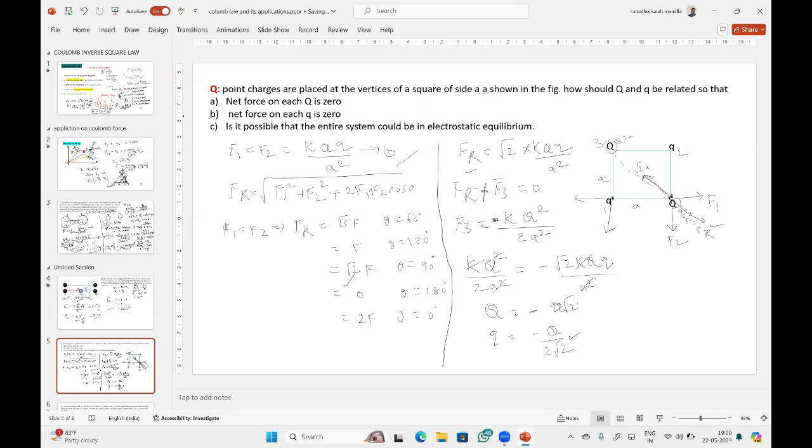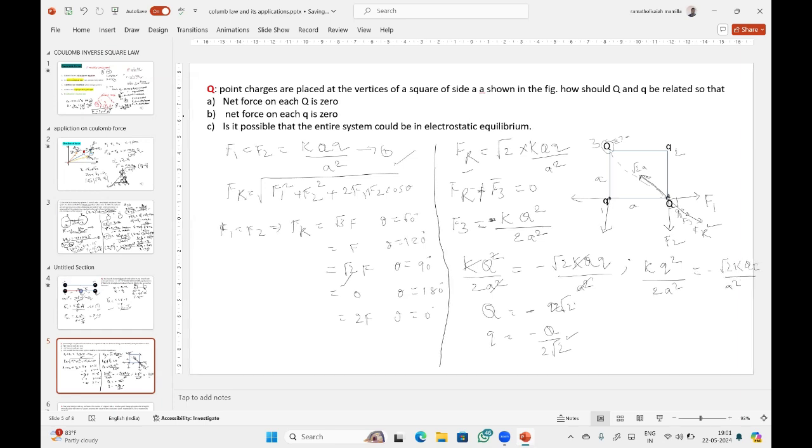Therefore, here k into small q square by 2a square is equal to minus 2 root 2 q by a square. So here small q and k get cancelled.